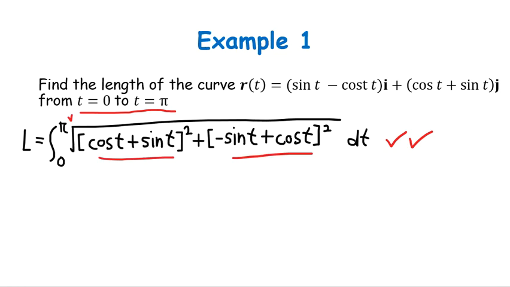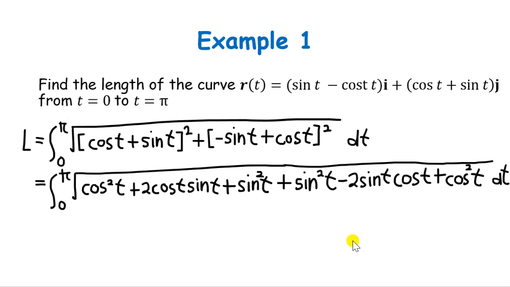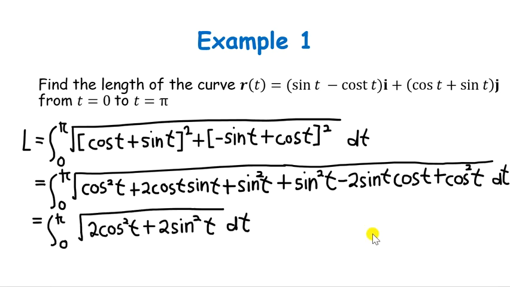What we can do to solve this integration is expand the equation, then we will get the longer version of the components. After we simplify the equation, you will get the components in a much simpler form, given as 2 cos squared t plus 2 sine squared t. This can be simplified by using the trigonometric identity cos squared t plus sine squared t equals 1.